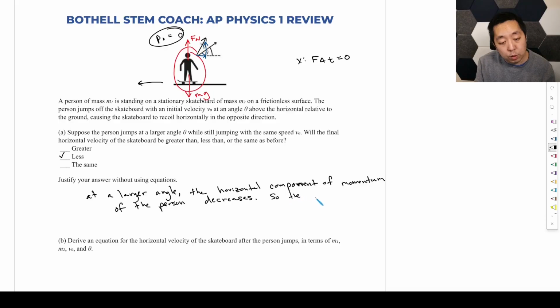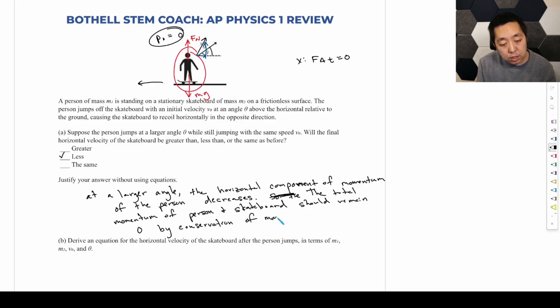Because the total momentum of the person plus the skateboard should remain 0 by conservation of momentum, thus the skateboard will move slower.